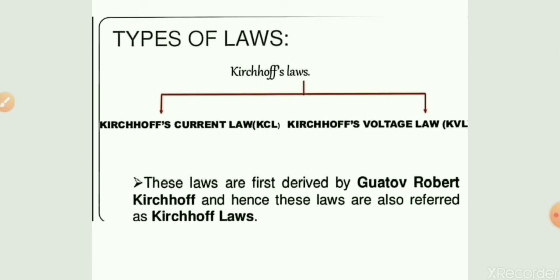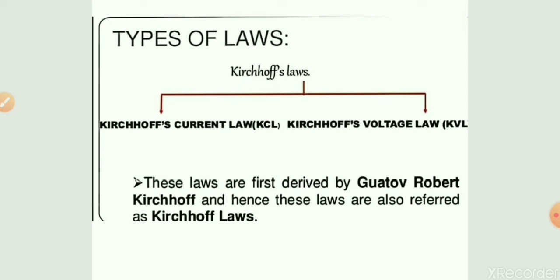First is, what is Kirchhoff's law? Kirchhoff's law describes current in a node and voltage around a loop. These two laws are the foundation of advanced circuit analysis.